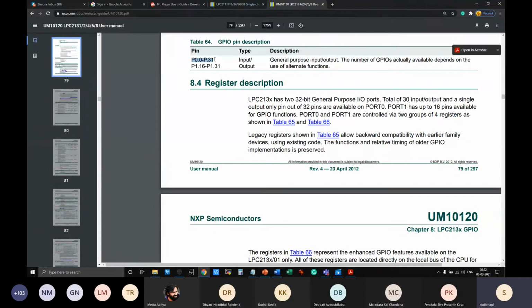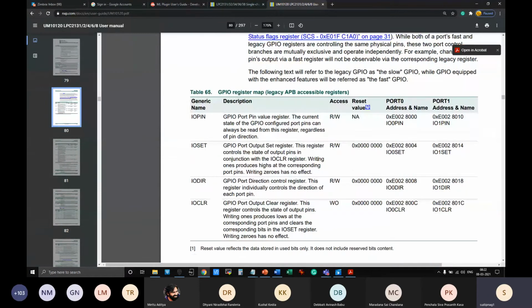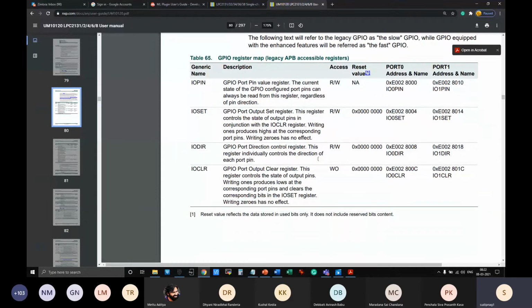There is a 32-bit port 0, from P0.0 to P0.31, and then there is a port 1 which is 16-bit, P1.16 to P1.31. Now, while accessing this GPIO, you have to look at this register set and what registers are available that you can use for accessing GPIO.